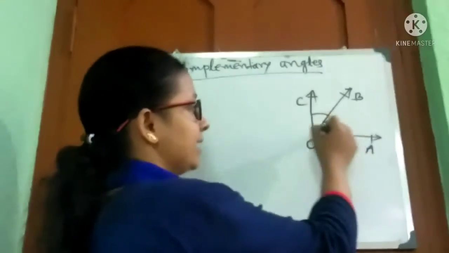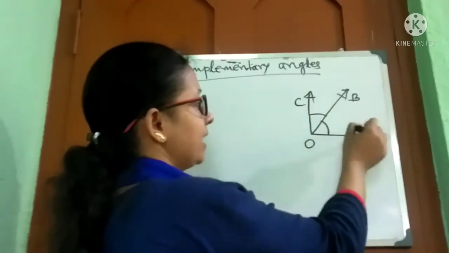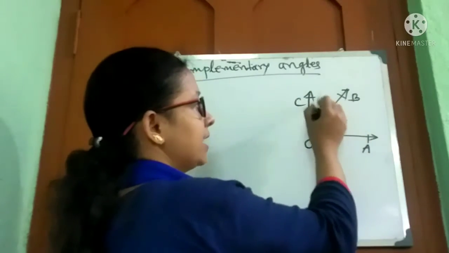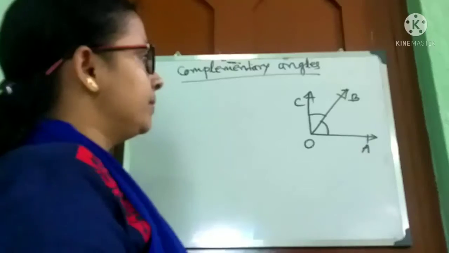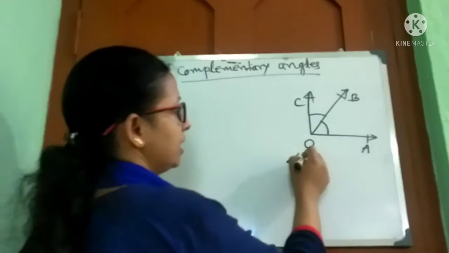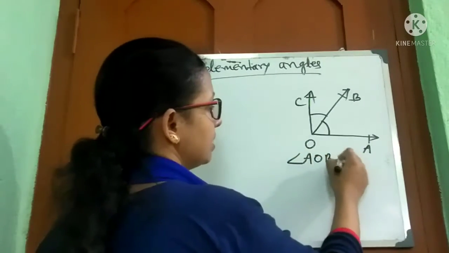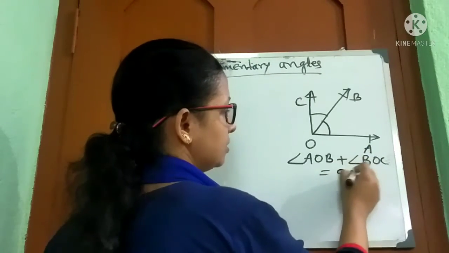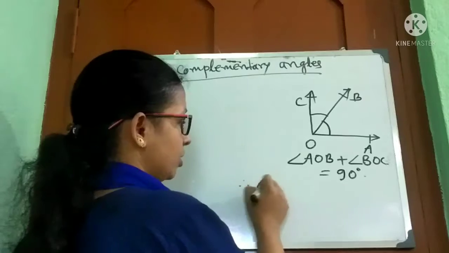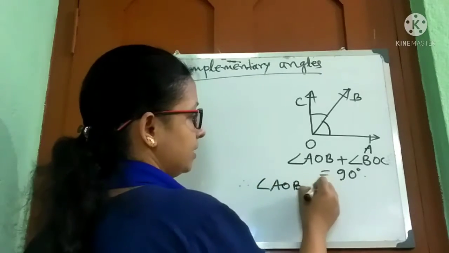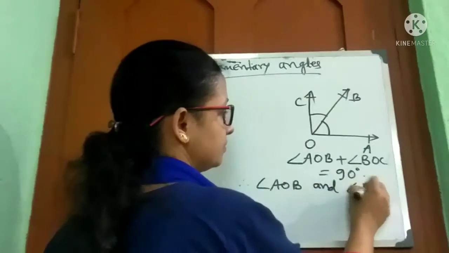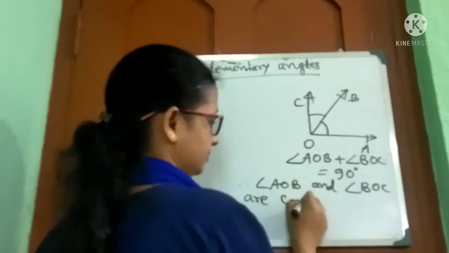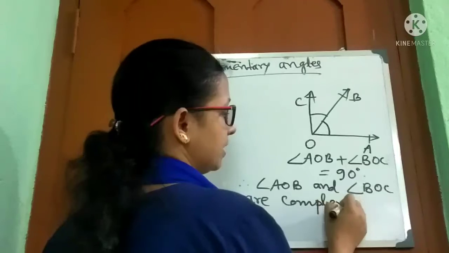So in angle AOC we get angle AOB plus angle BOC, which equals 90 degrees. Therefore AOB and BOC are complementary angles.